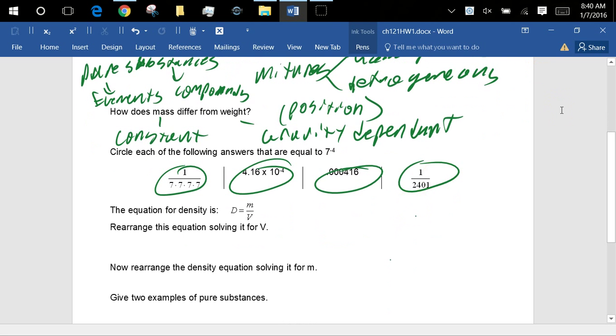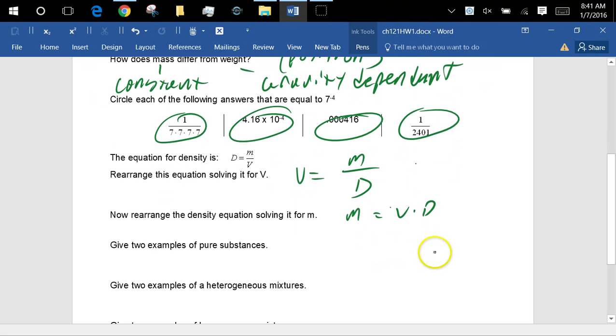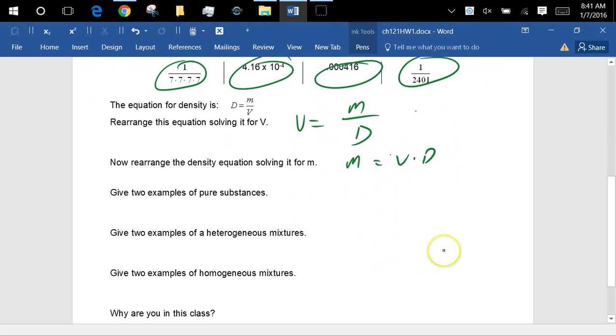I'm going to take this density equation and just rearrange it, and so I get the volume is equal to the mass divided by the density. And then if I rearrange it again and solve for the mass, I get the mass is equal to the volume times the density. The math in here isn't actually going to get much harder than that, honestly. It might feel like it, but it actually won't.